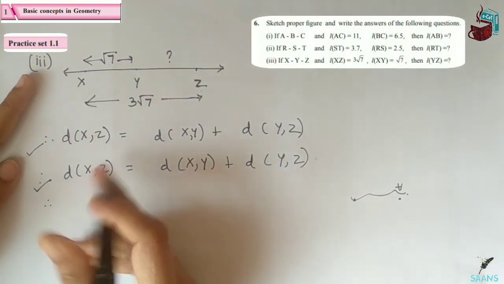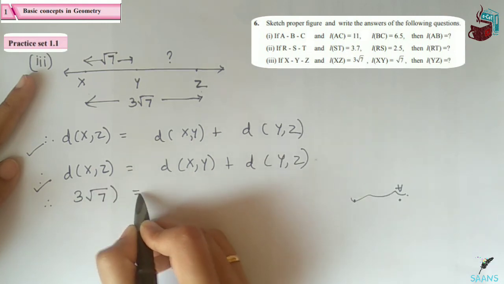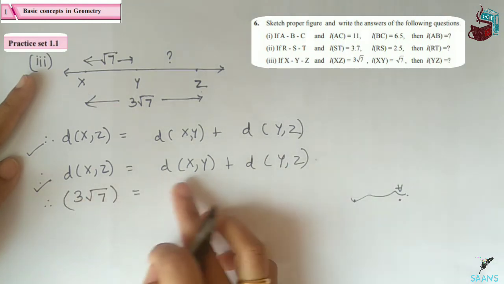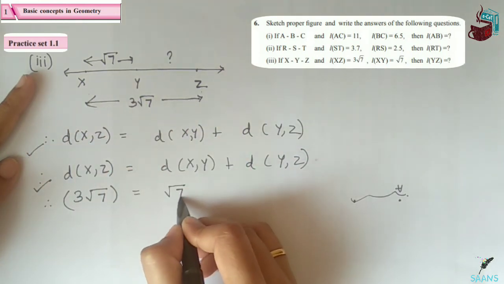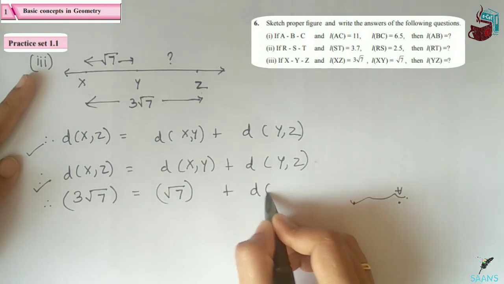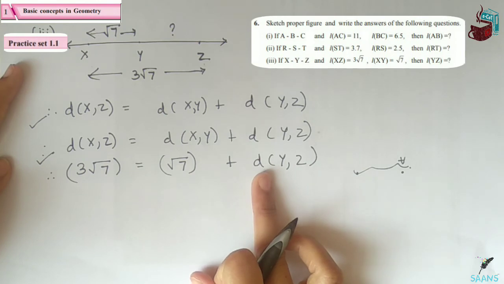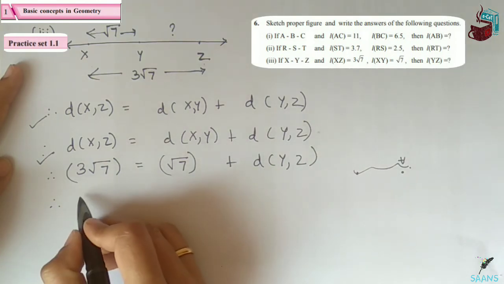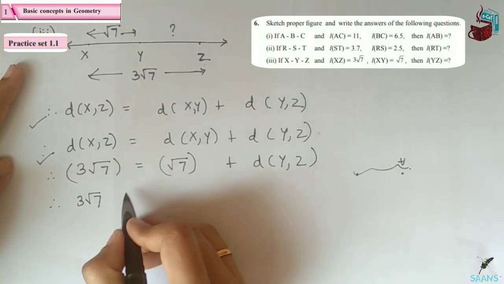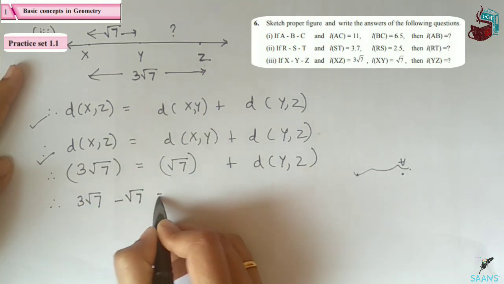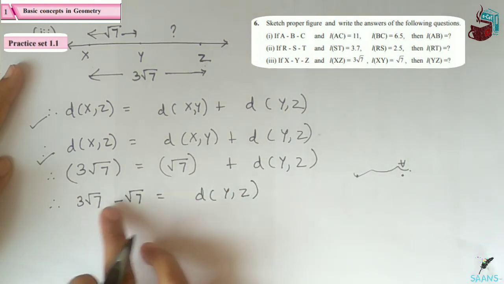Now distance XZ is given, yes, 3 under root 7. And distance XY is given, only under root 7, plus distance YZ. What we do not know, keep it in its place. Therefore 3 under root 7, this under root 7 will come here, minus under root 7 is equal to distance Y comma Z. As I told you, take this under root to be x.